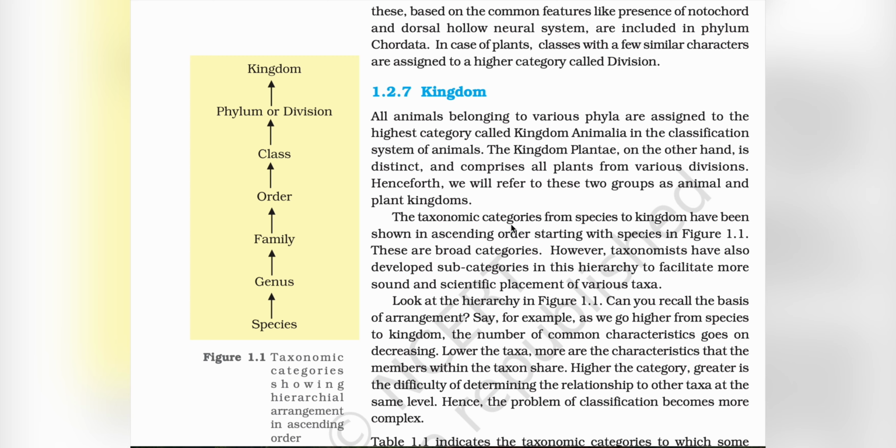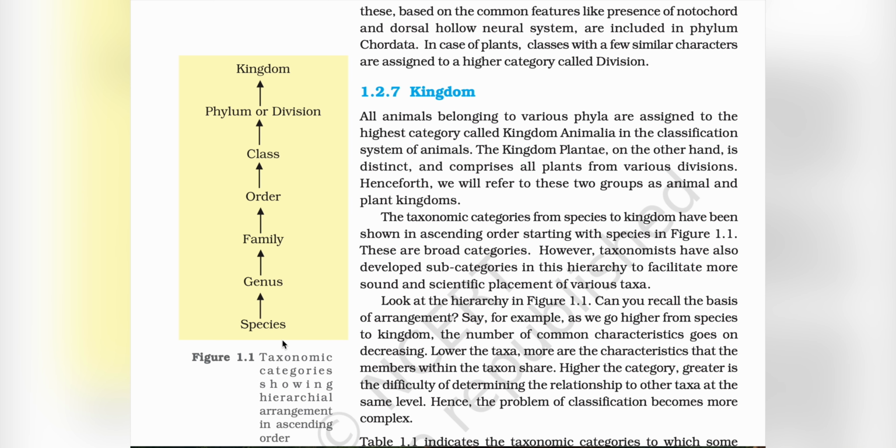The taxonomic categories from species to kingdom have been shown in ascending order, starting with species in figure 1.1. So, these are the taxonomic categories in ascending order: species, genus, family, order, class, phylum for animals or division for plants, and finally kingdom, the highest category.